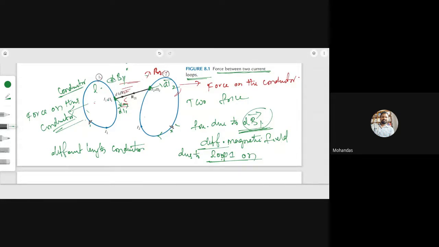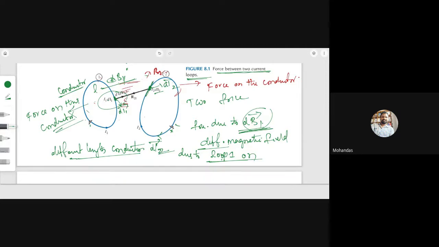Now, the force on differential length of conductor dL, which conductor? dL2 or dL1? dL2, okay? It is given by... What we are calculating here, the magnetic field is due to this current loop, which is dB1. Okay, and in this magnetic field, this dl1 is present.